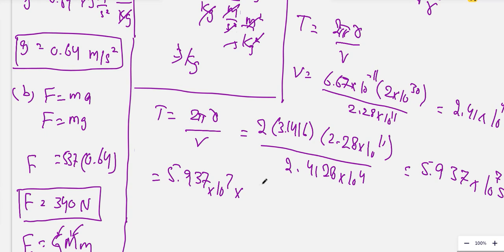So it will be 1 minute by 60 seconds, so it will cancel this second. It is converted into minutes.